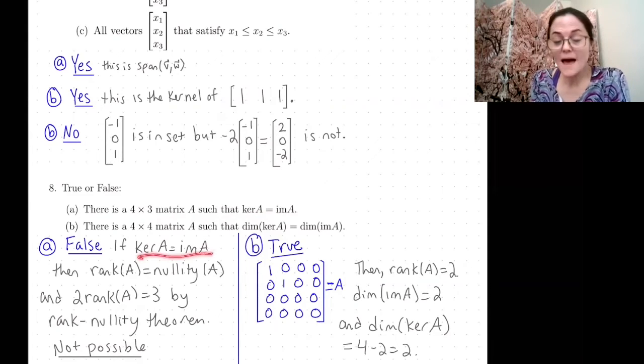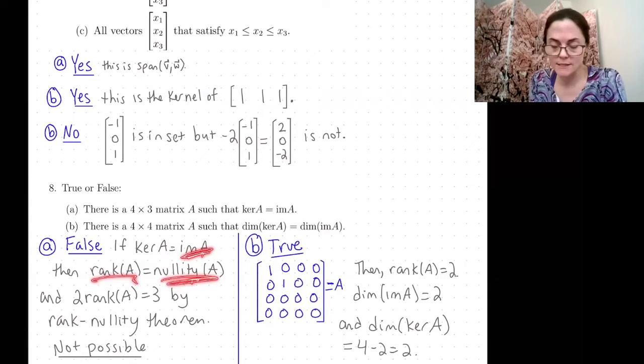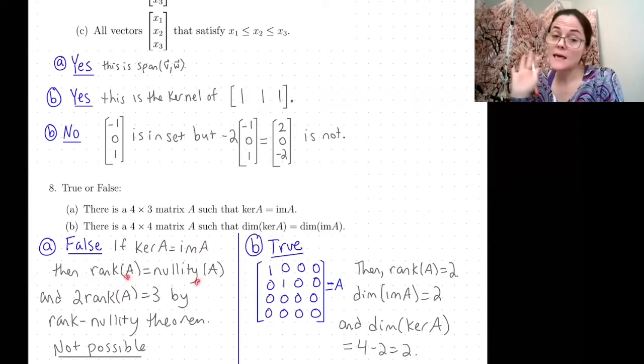So here, if you had the kernel of some matrix equal to the image of the same matrix, well, the rank of the matrix is the dimension of the image. The nullity of the matrix is the dimension of the kernel. So these two numbers must be equal. We have a theorem, rank nullity theorem, that says the rank of A plus the nullity of A equals the number of columns.